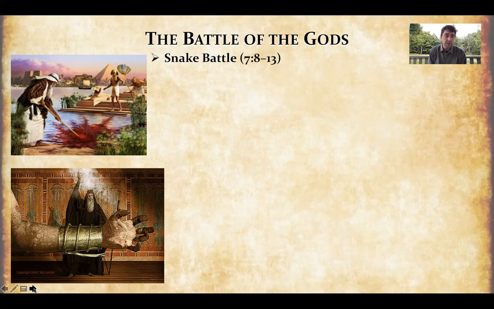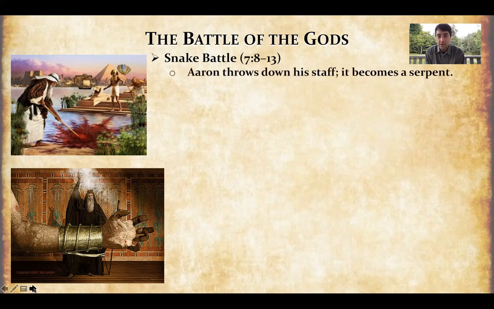And it starts with a snake battle. So Moses comes in, Pharaoh asks for a sign, why should I even listen to you? And Aaron throws down his staff and it becomes a serpent, becomes a snake. This takes on greater significance if you think about what snakes represent in Egypt.